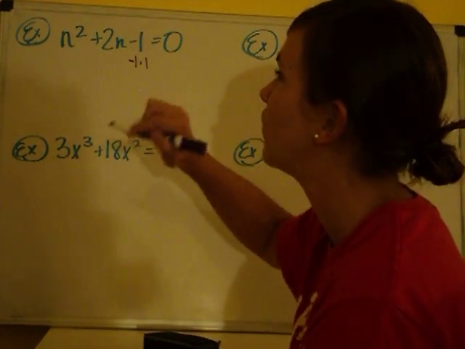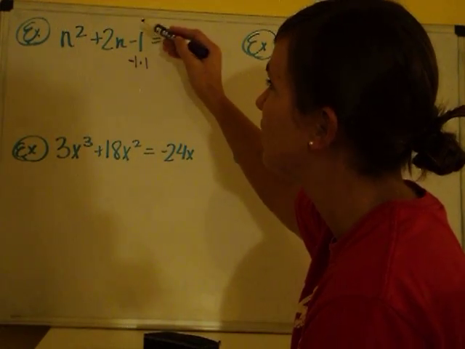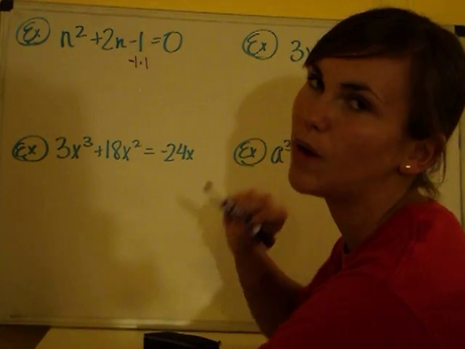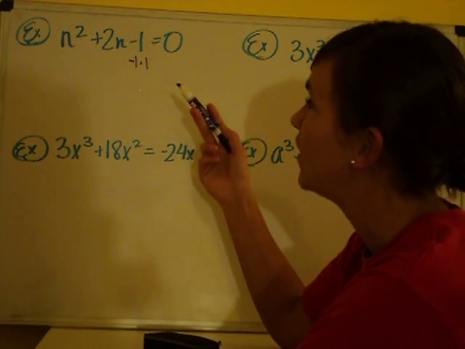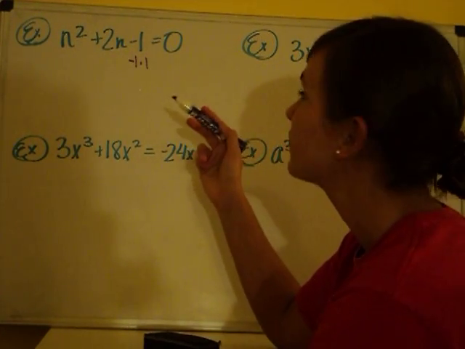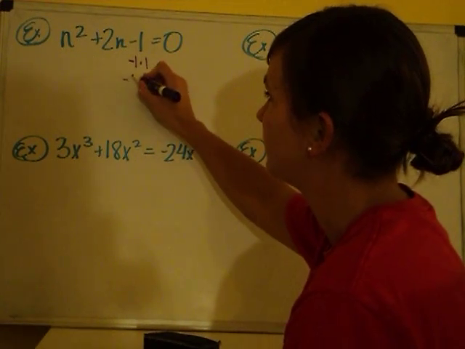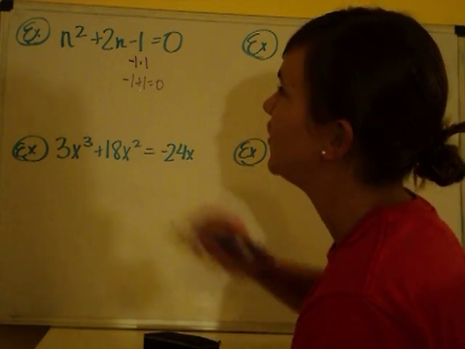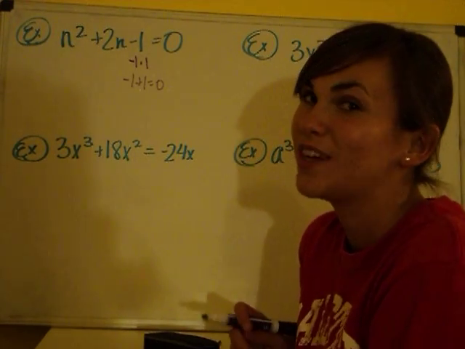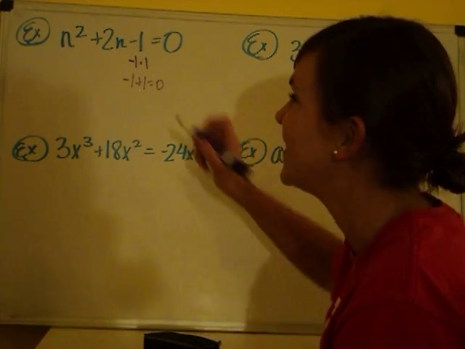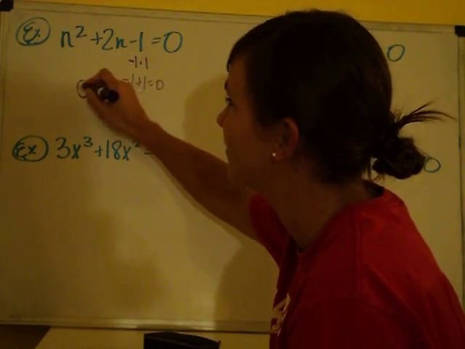Because we have a coefficient of 1, we can just say what has a product of negative 1 that adds to positive 2. Well, the only things that multiply together to be negative 1 are negative 1 and 1. When you add those, we get 0. Does that equal 2? No. So this problem, tricky Miss Million, this problem is not factorable.